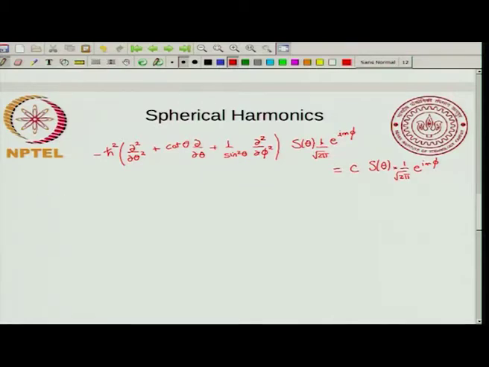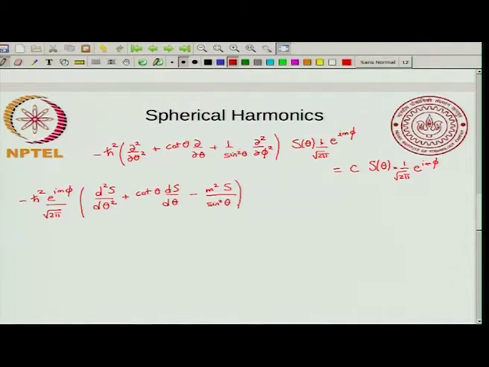So I can write this as minus h bar square, and I will have e to the i m phi divided by root 2 pi, and then I will have d square s by d theta square plus cotangent of theta ds by d theta minus m square s by sine square theta.